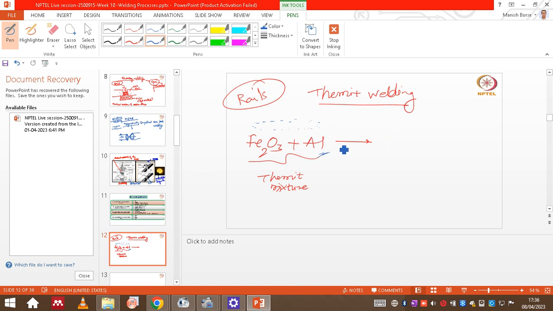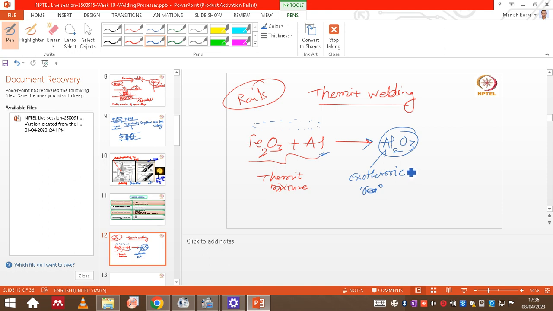So due to the reaction between this iron oxide and aluminum, aluminum oxide formation takes place, and this oxide formation is actually the exothermic reaction. So the main heat will be coming from this reaction.